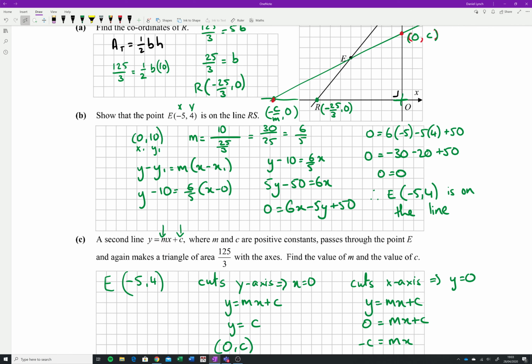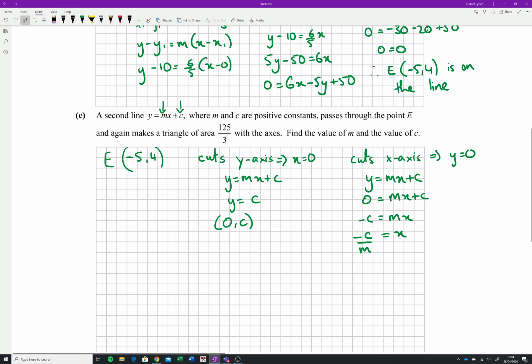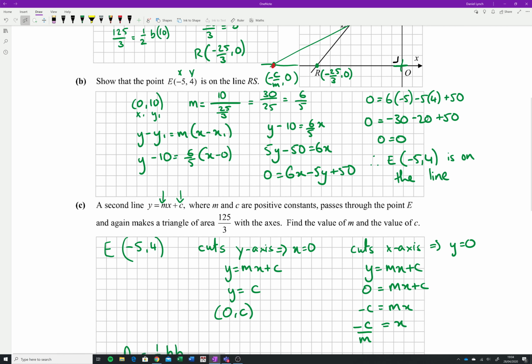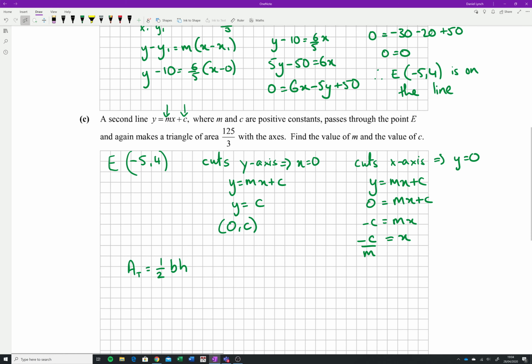Right, that actually gives us enough information. Strangely enough, it gives us enough information, because we know that the area of a triangle is equal to half the base times the perpendicular height. Well, the base, what have we moved over again? We've gone from minus c over m all the way over to 0, so our base is actually c over m.